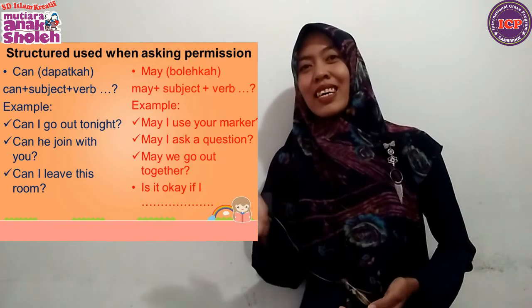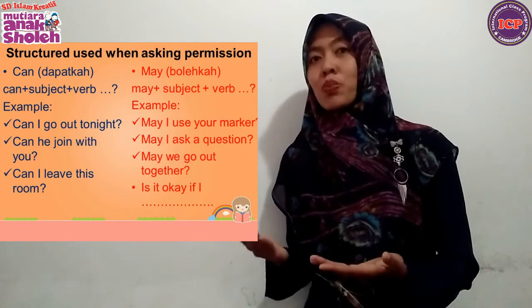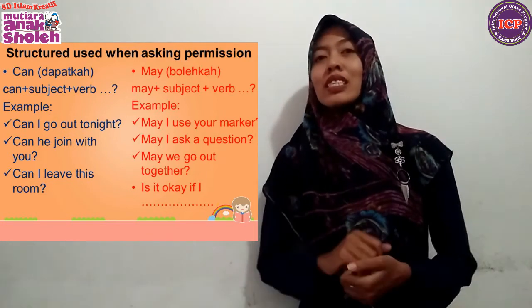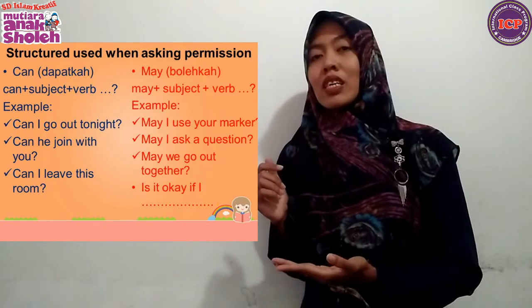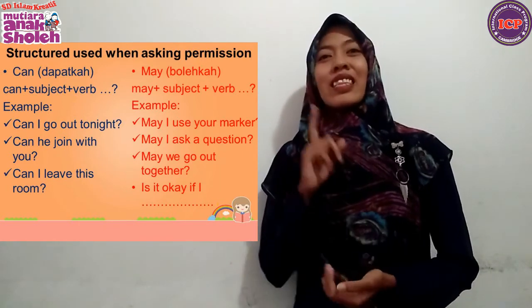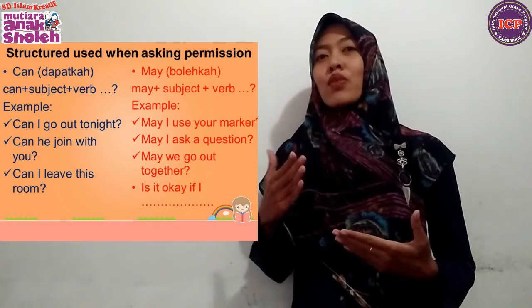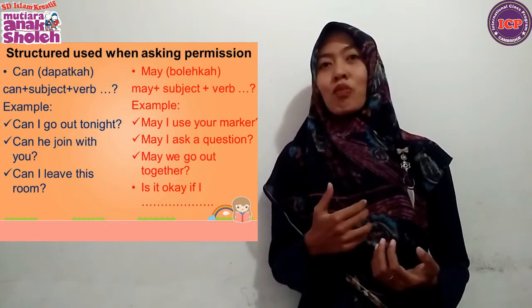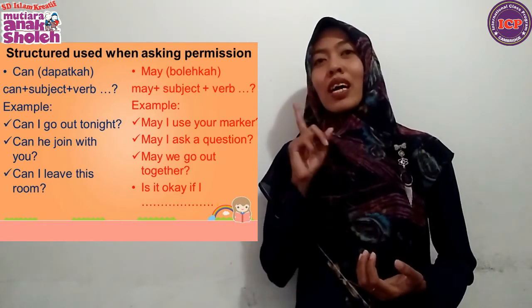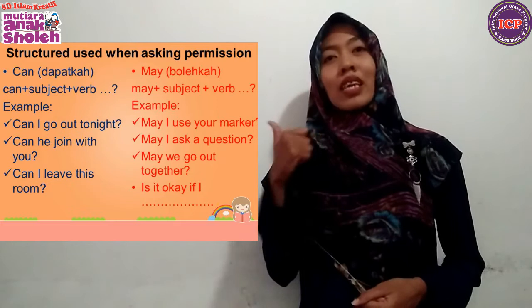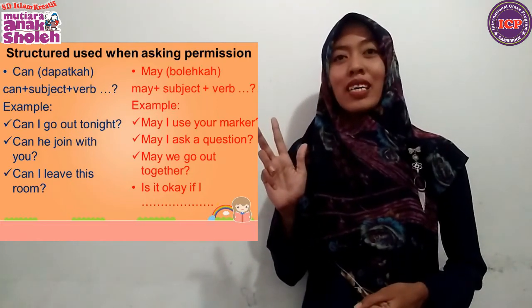Is it okay if I read this book? Is it okay if I drink this ice? That's about asking permission. You can use that if you want to ask permission from someone, your mother, your friend. You can use those expressions: can I, may I, and then is it okay if I.